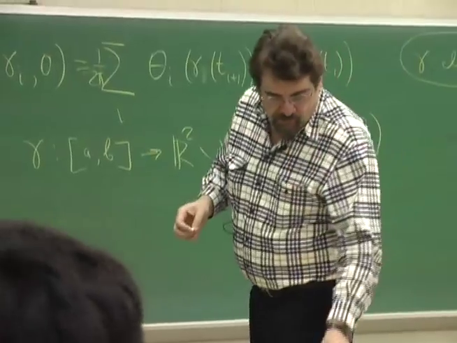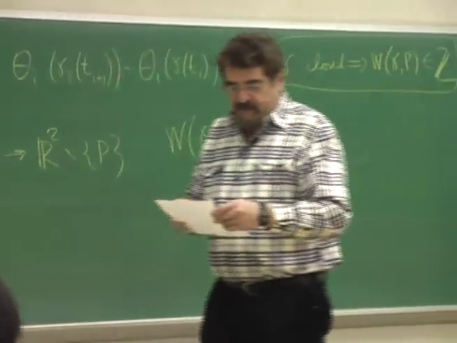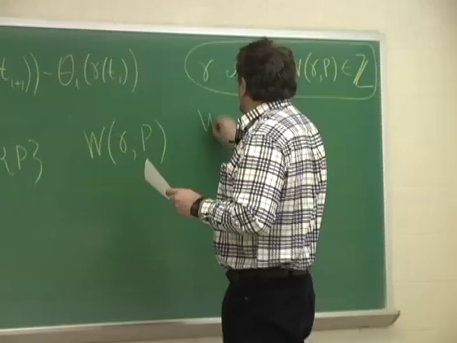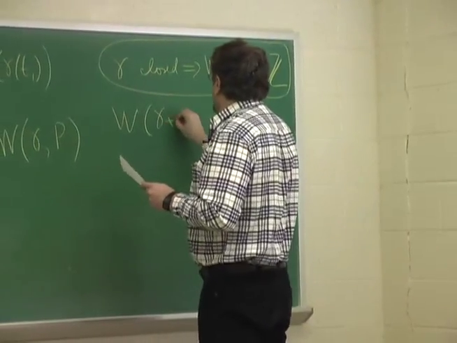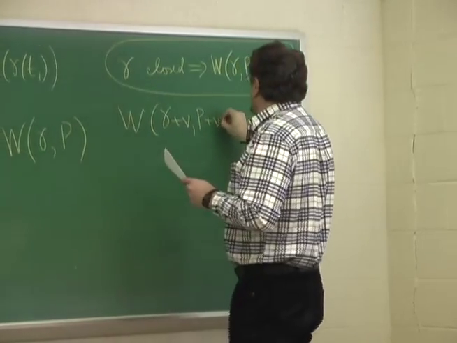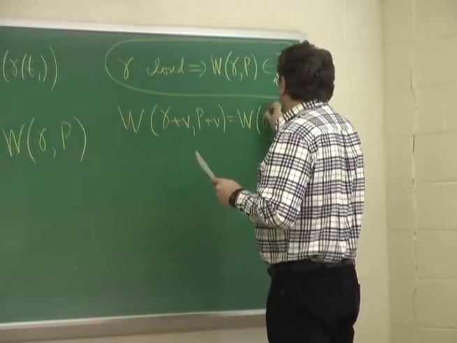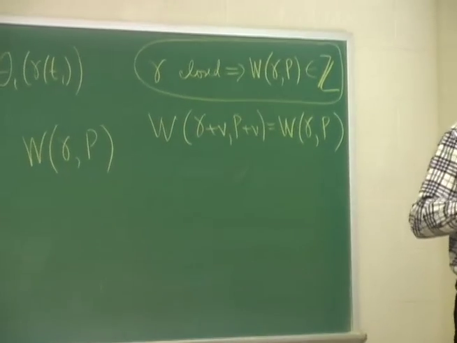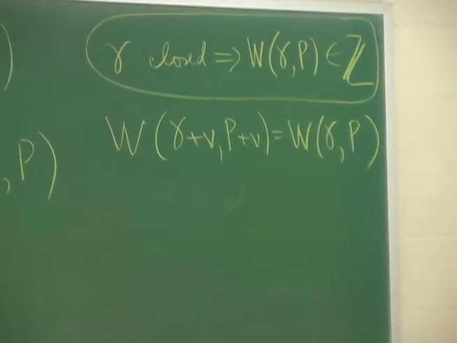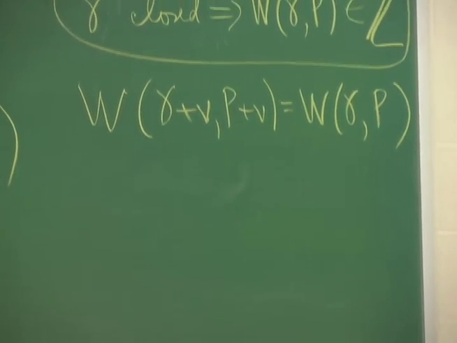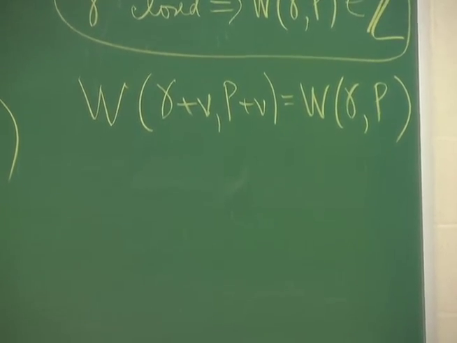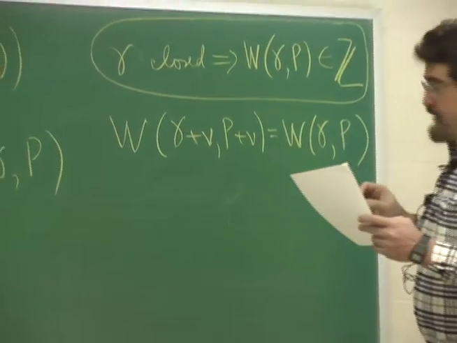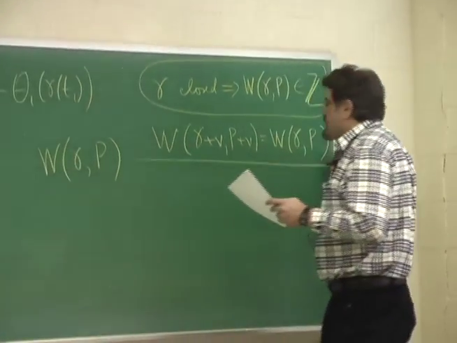Now one small thing more. It is exactly this. If I shift everything by the same vector nu, then nothing changes. All this is translation invariant. Obvious? It is not so obvious to me.